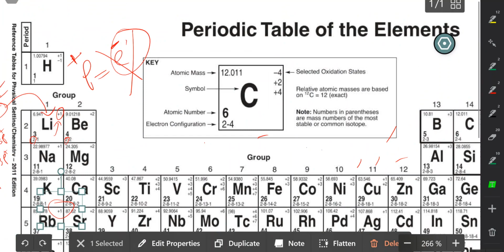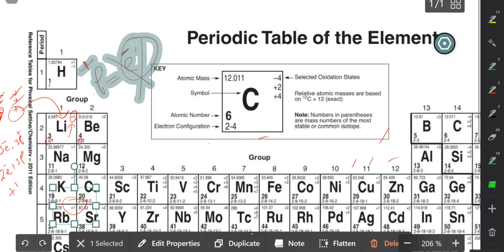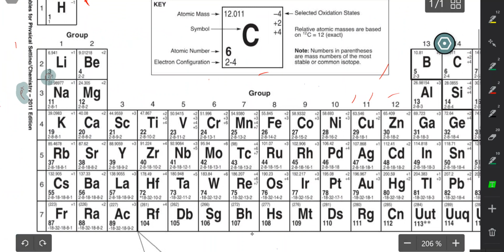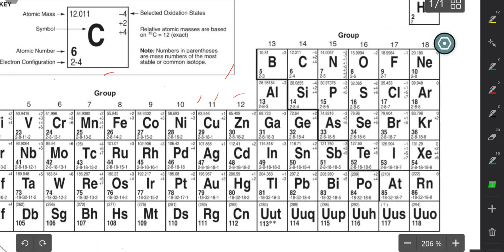With that said, let's talk about the atomic radius. All right. Down a group. First things first, we should understand that the period number is the number of electron shells that you have. So if you're in period 1, every element in period 1 will have only 1 electron shell. Notice there's only 1 electron shell here.